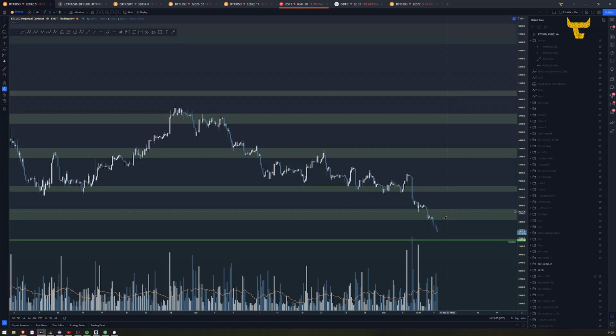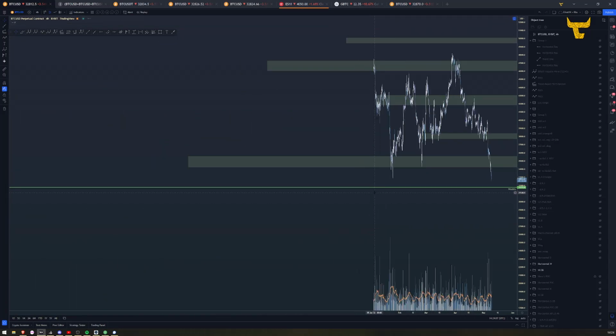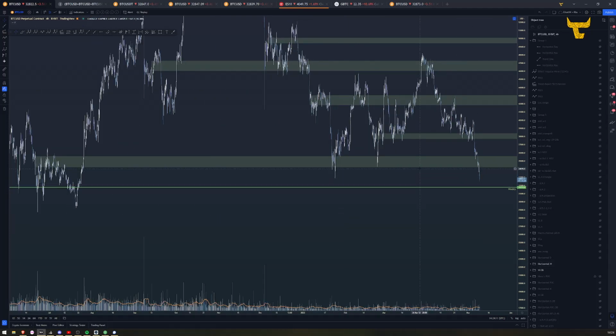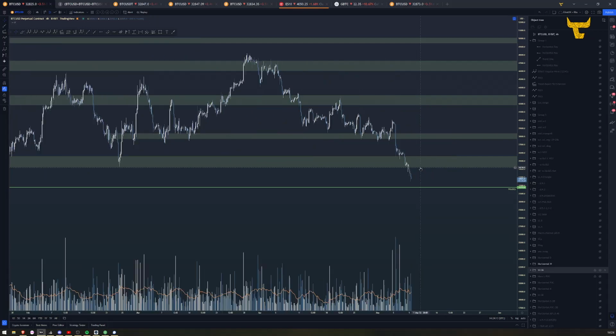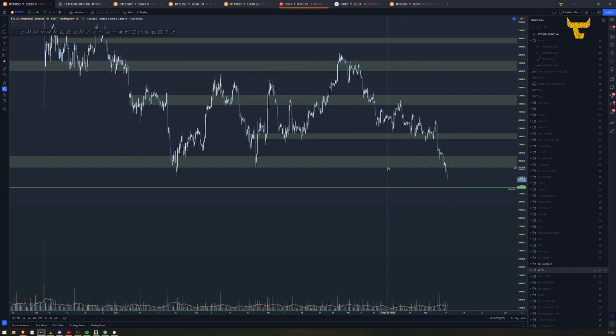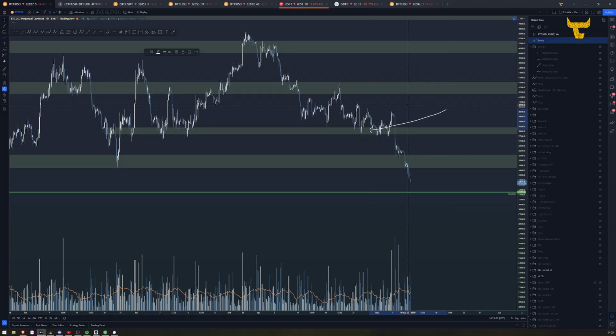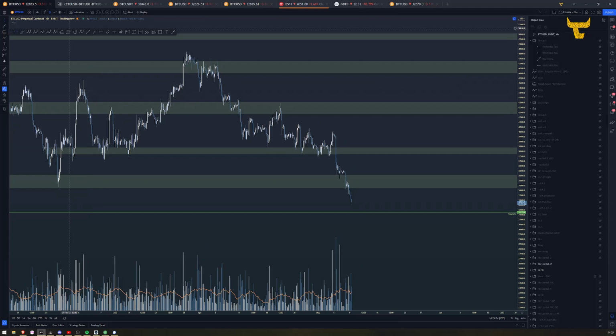Maybe. We still have this weekly support, the only one I highlighted on the chart here. Let's see what correction it can give us. Remember, with weekly support, we might have a good low time frame trade to take out of it, but it might also dip lower before finding more strength.